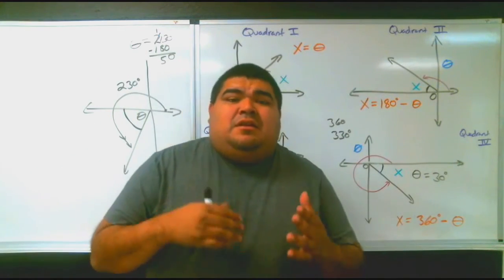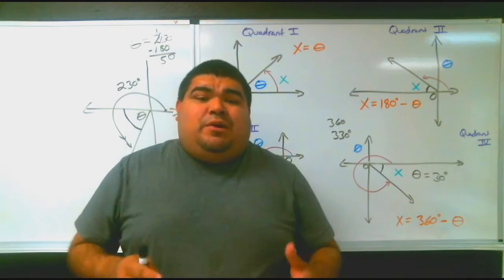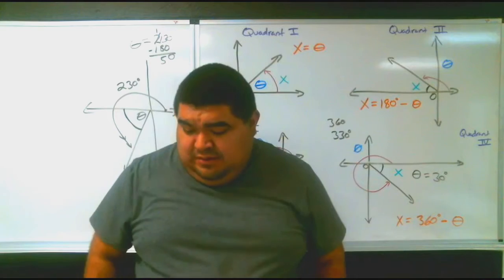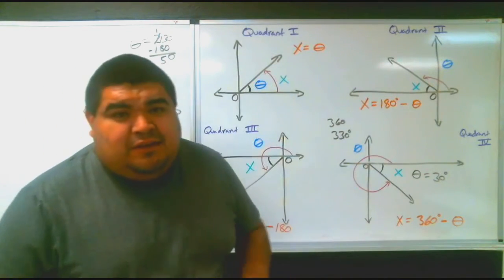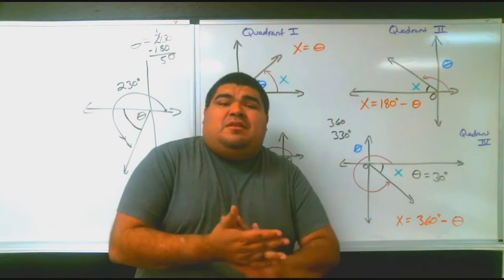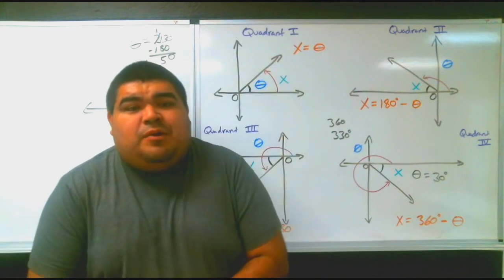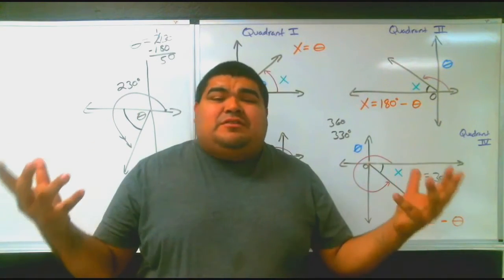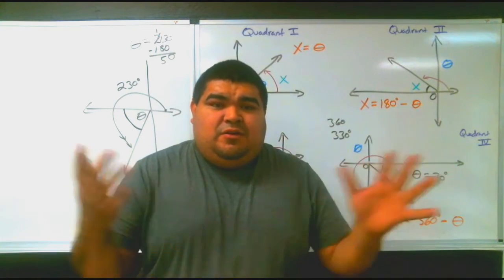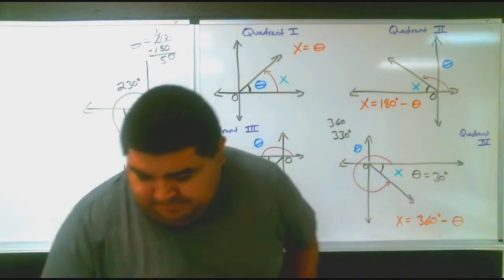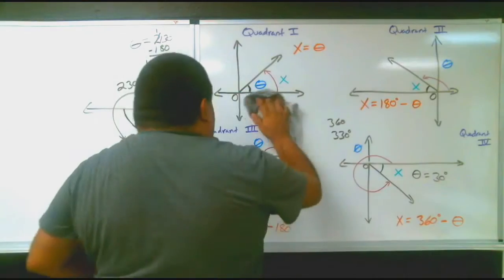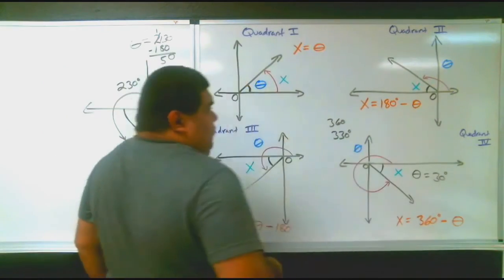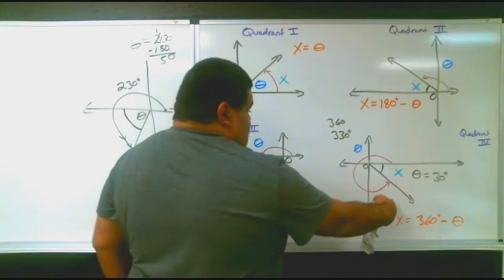Remember, guys, you have to figure out where your theta stands. So if I were to say we're going to have a problem where our angle is 120 degrees, are we going to use quadrant 1, quadrant 2, quadrant 3, or quadrant 4?